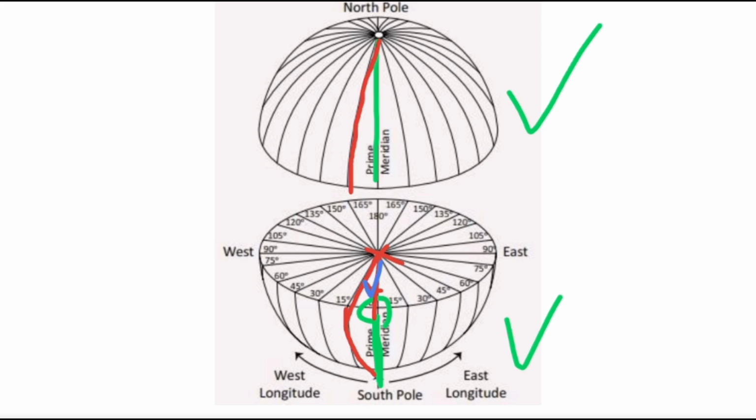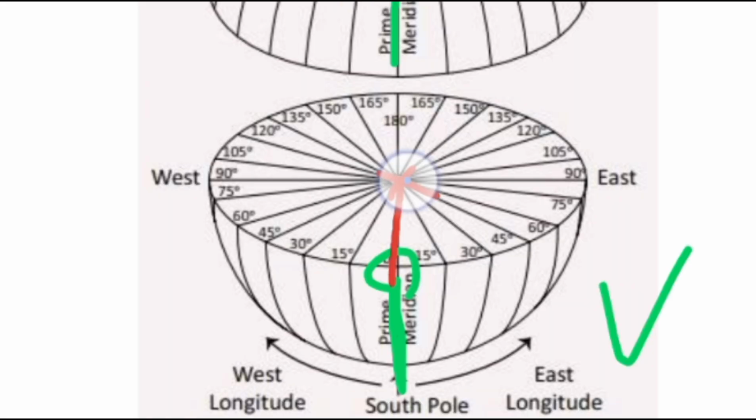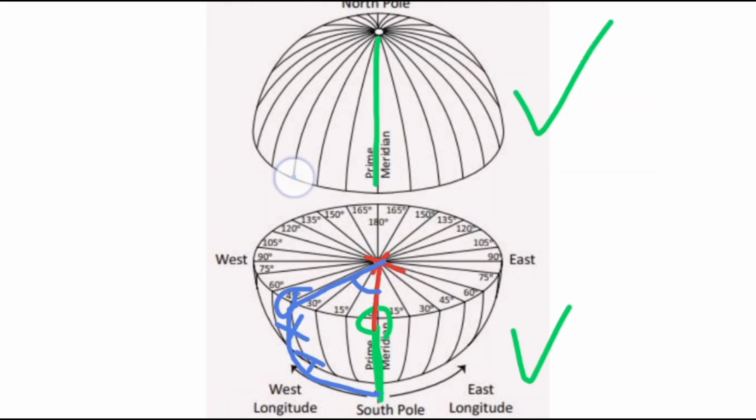Similarly, we take another angle. Just assume this particular thing is making an angle of 45 degrees. We mark all such points on the surface of the earth and connect them, and then we get another longitude. That longitude will be something like this. Then we can take an angle of 60 degrees.